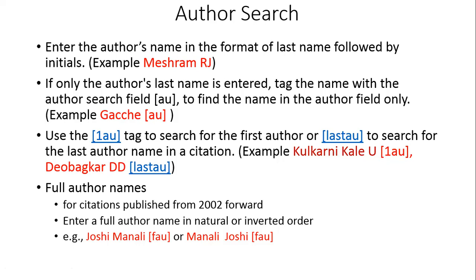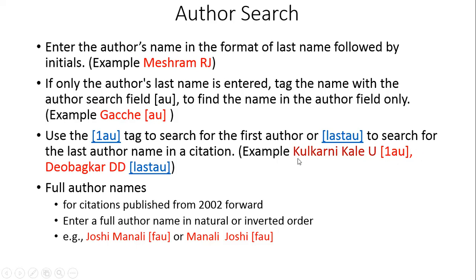For example, if you want to search how many articles are published by Urmila Kulkarni Kale as first author, you would search Kulkarni Kale U with the tag 1AU.